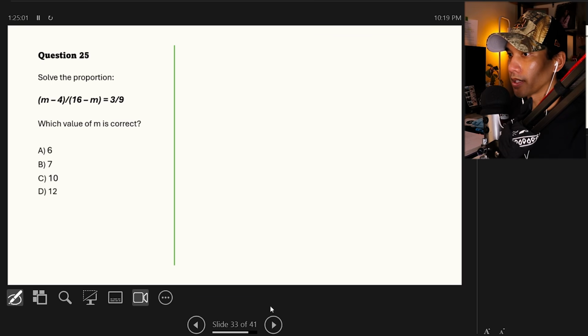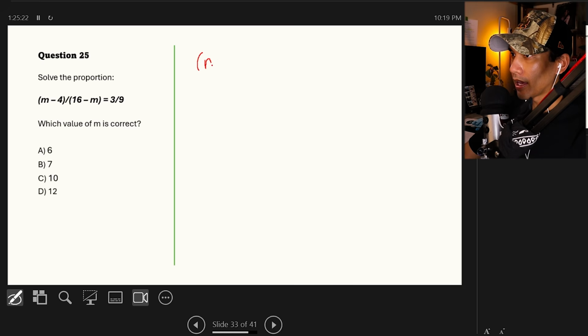All right, which value of m is correct? Solve the proportion. Which value of m is correct? Did I word that correctly? Maybe what I meant to say is, what is the value of m? Because you would just solve, right?